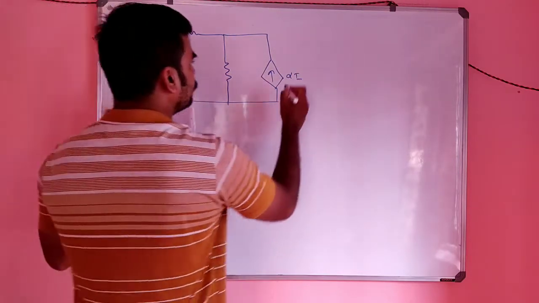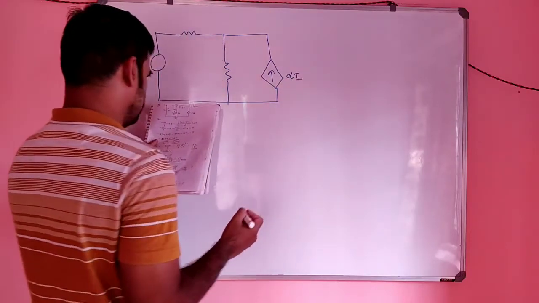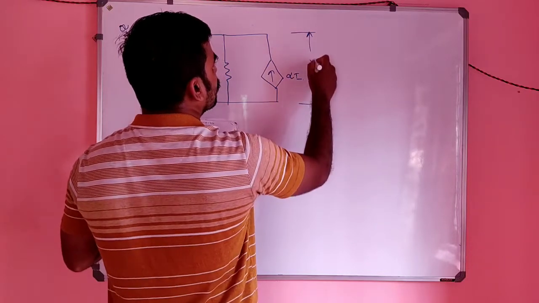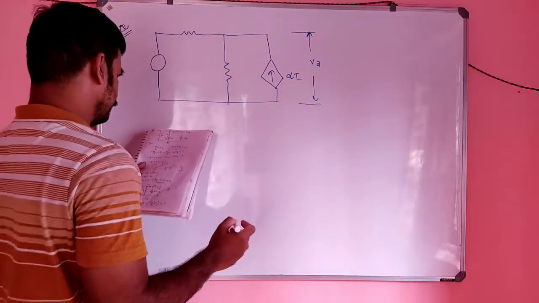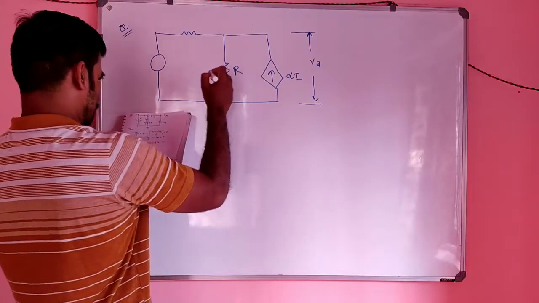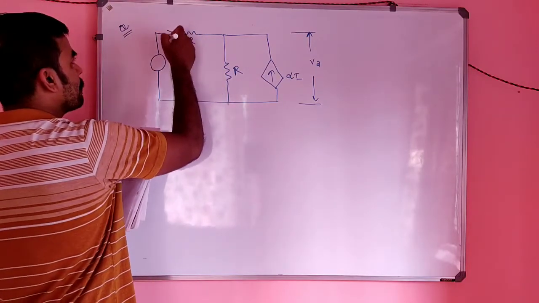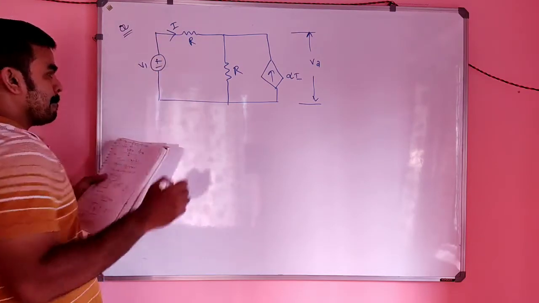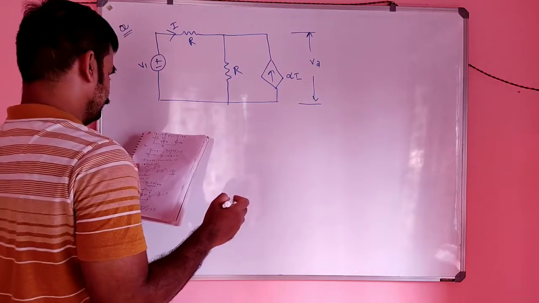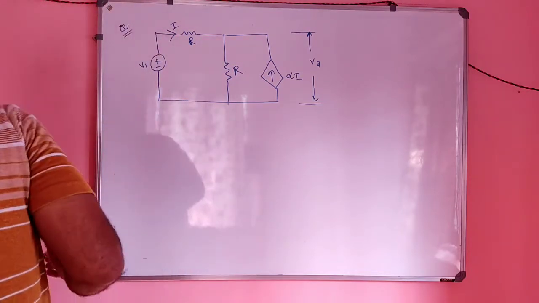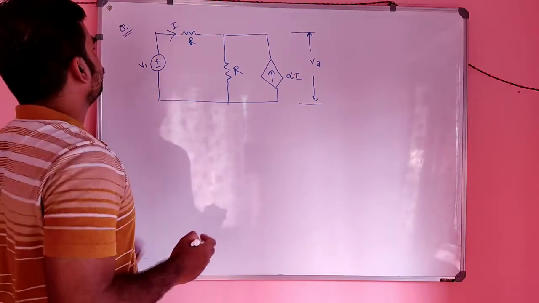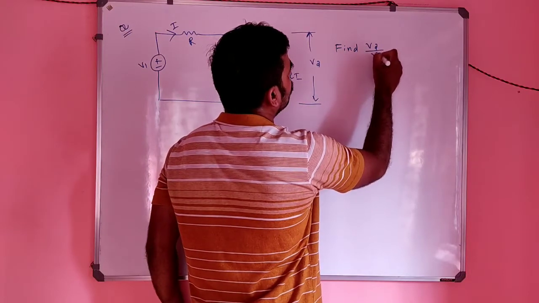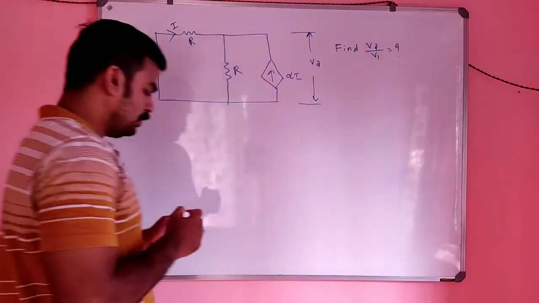So like this you can write alpha I. The question is: find V2 by V1.